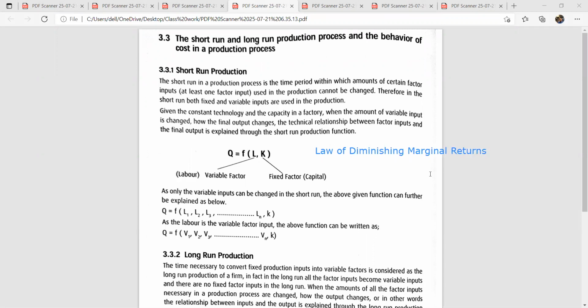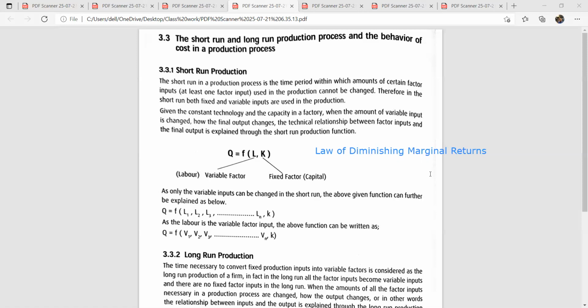This is a theory, but we should learn it. Based on the theory, we consider the pattern of output, or the impact on the output, when there are changes in the number of variable factors. So in the short run, only variable factors are changed, then the production depends upon the law of diminishing marginal returns.